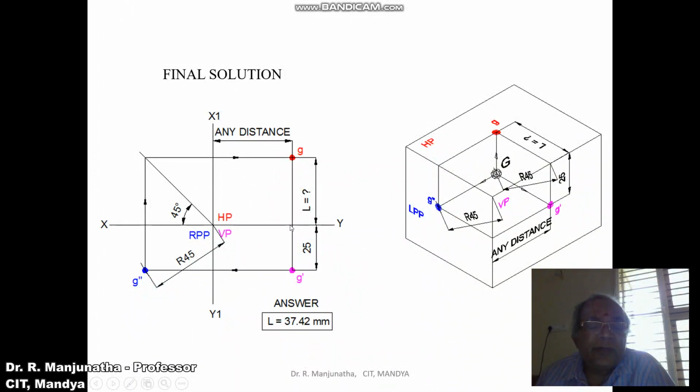Then using the compass, you measure the distance from here to G, and mark it as L equal to question mark, and then write the answer. Here L is equal to 37.42 mm when you are doing it in the computer. When you are doing it manually, L will be equal to 37 mm. So this is how you write the final solution, and this 3D sketch has been shown only for reference.